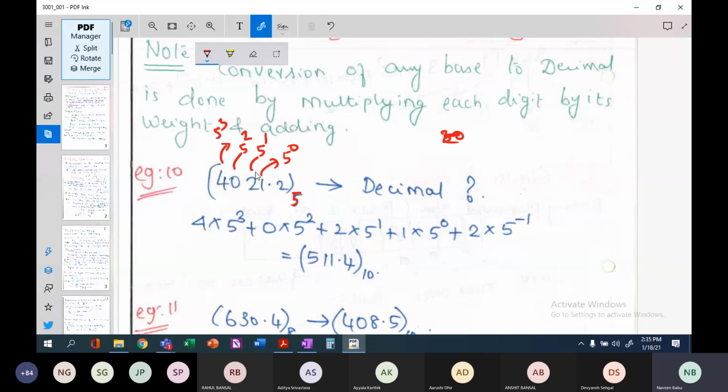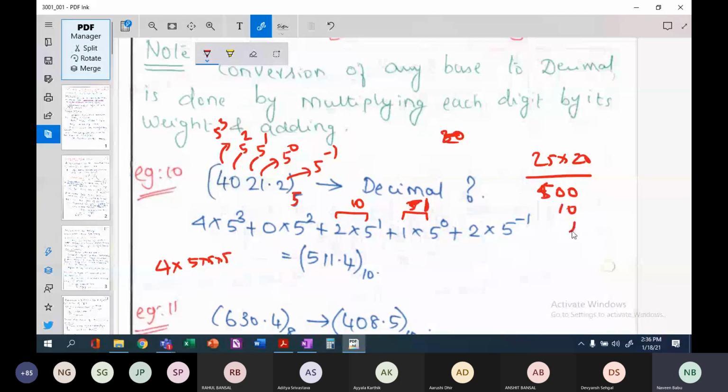So when you add this, this is going to be 10, this will be 5, and this 4 into 5 into 5 into 5 is 500. Yeah, I get 500. This is going to be 1, right? So 1 into 1 is 1. So 500 plus 10 plus 1, which is 511 point this 4. This one is 0.4. So 511.4 in terms of decimal.